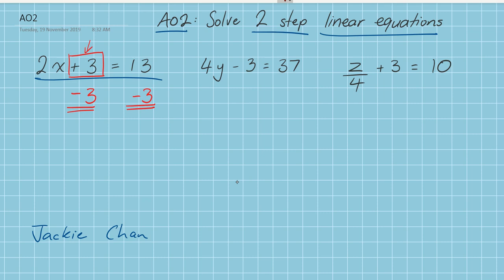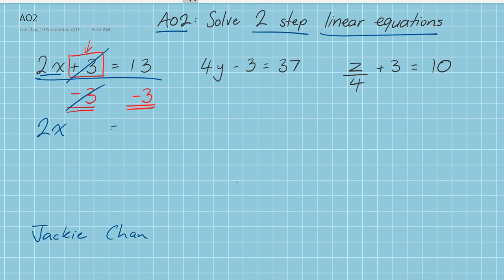Once I've taken out one of these values, I then have to reassess my situation, see what's changed. So I rewrite the equation. I've still got the 2x. That +3 has been eliminated by that ultimate counterattack.